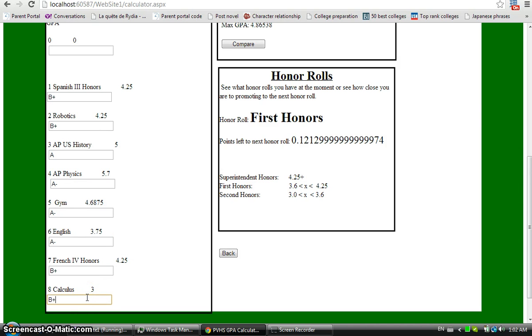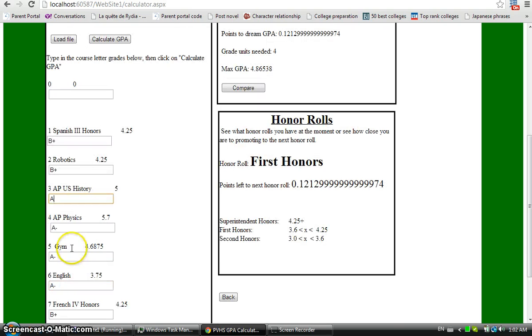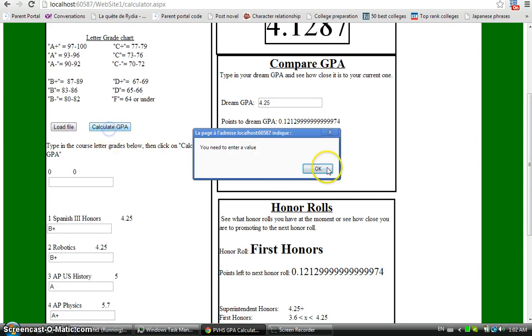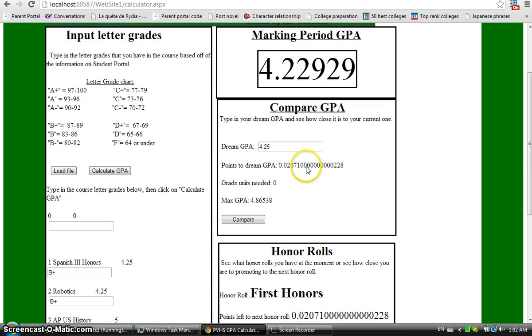Let's try harder in calculus. Oh, and try harder in physics too. 2 grade units. Okay, and 4.22.